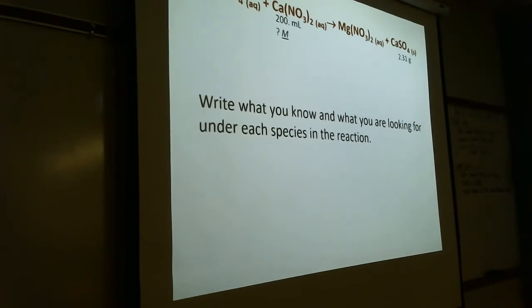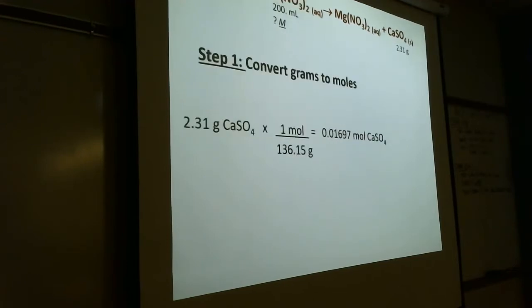Yeah, that's something I can do, right? So first thing I'm going to do is convert grams to moles because I know the mass of that precipitate. I just converted to moles. Here's the first example we've done today where it wasn't an even number with no rounding. Right, this one does involve some rounding finally. So we're converting grams to moles because that's the mass of the precipitate.